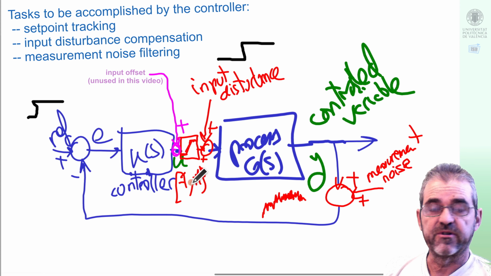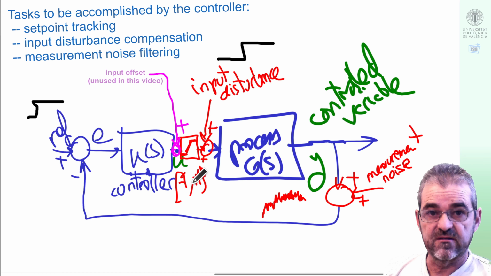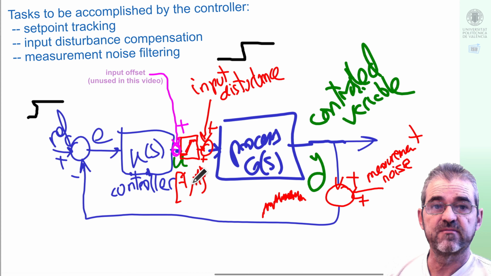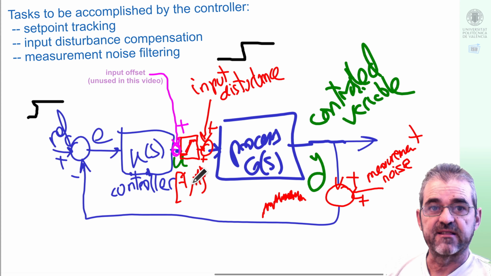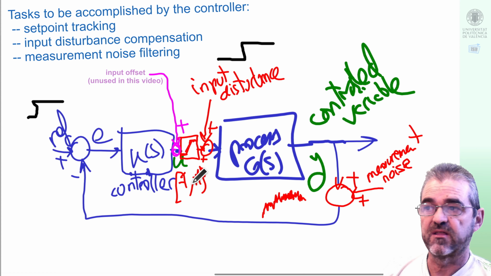In the videos here we will not consider saturation, but in real life saturation is an important issue, limiting the speed to reach a given set point and also giving me some problems with integral action. But as I said, the detail on that issue will not be considered in this video.